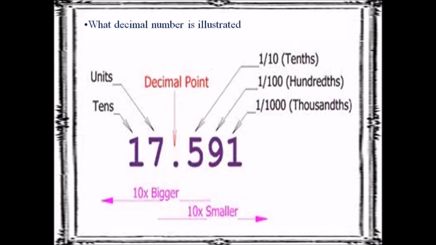You have 1 ten and 7 units, so 17. And after the decimal are the smaller numbers. The first number is in tenths, the second is in hundredths, and the third is in thousandths.